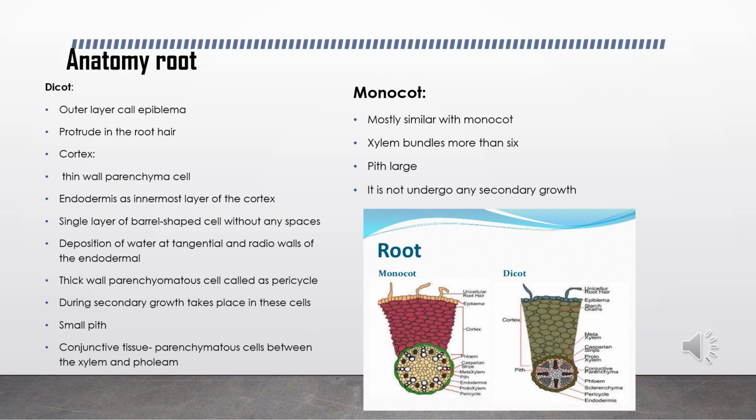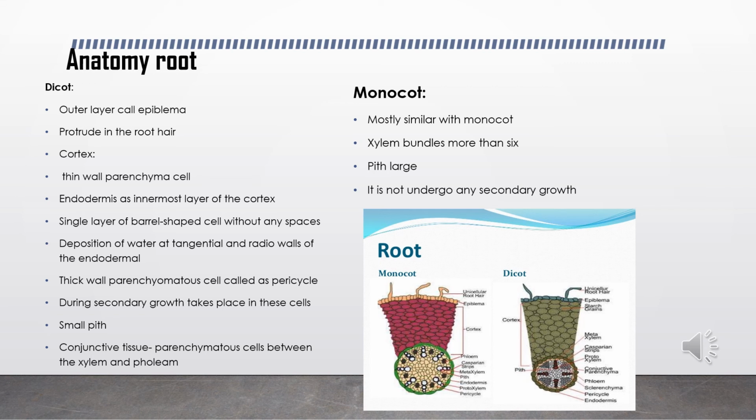Next to the endodermis lie a few layers of thick-walled parenchymatous cells referred to as the pericycle. Initiation of lateral roots and vascular cambium during secondary growth take place in these cells. The pith is small or inconspicuous.